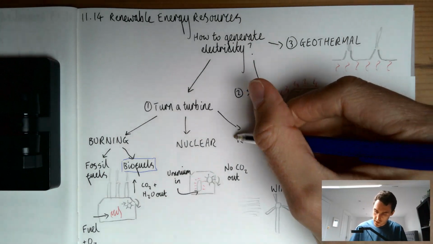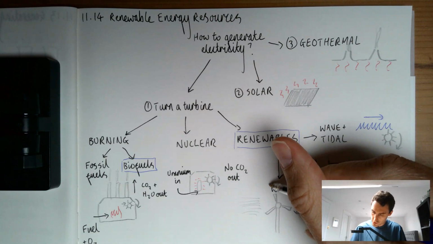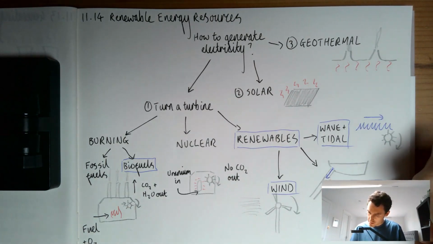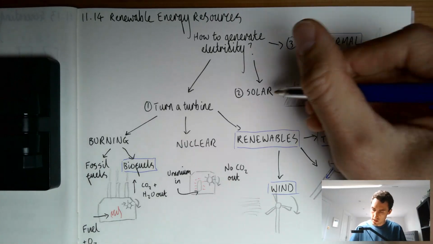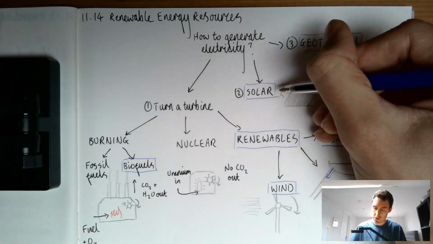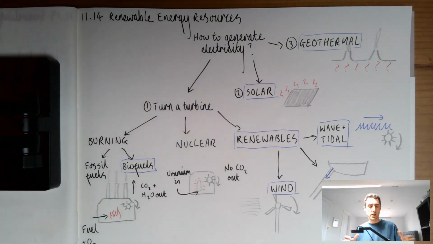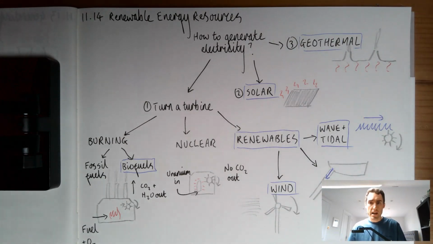And then all of these renewables, so I'll highlight those just to show that they're renewables. So I might put boxes around each of these. And we can also emphasize that, well, the Earth's not going to cool down anytime soon, so geothermal is renewable, as is solar, because yeah, as long as we've got energy from the sun, or if we run out of energy from the sun, then we've got much bigger problems than whether we can charge our iPhone.